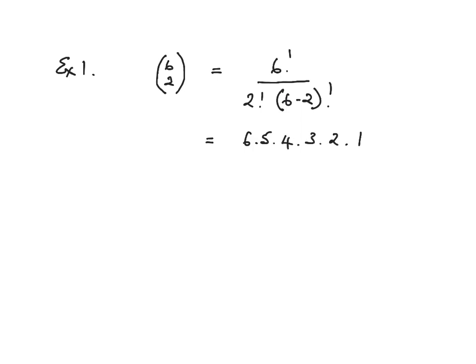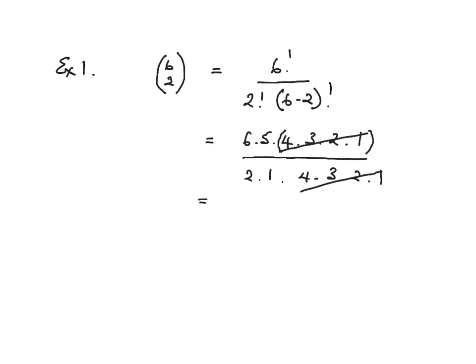So I'm going to write all these out. 2 factorial is 2 times 1. And 6 take away 2 is 4, that's 4 factorial, 4 times 3 times 2 times 1. Now you can probably see that we've got these numbers here that make up 4 factorial, 4 times 3 times 2 times 1. So those will cancel.